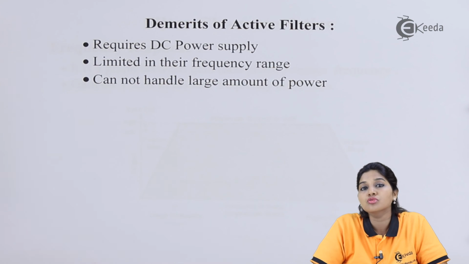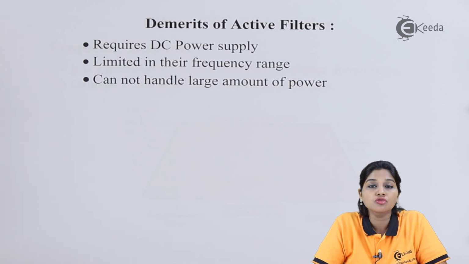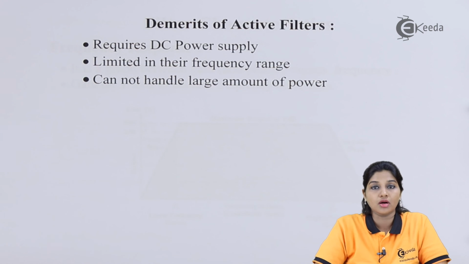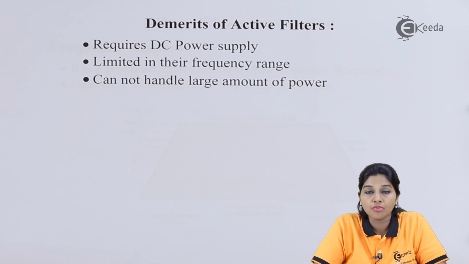Above that, we cannot use active filters to get the proper output, whereas we can use passive filters to provide higher frequency response. The next disadvantage provided by active filter is that it cannot handle a large amount of power. As we are using active components, power dissipation is one of the important factors in applications. So active filters cannot be used to handle large amounts of power, whereas passive filters do not have such problems.